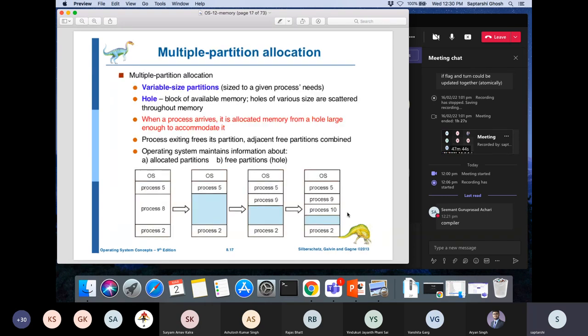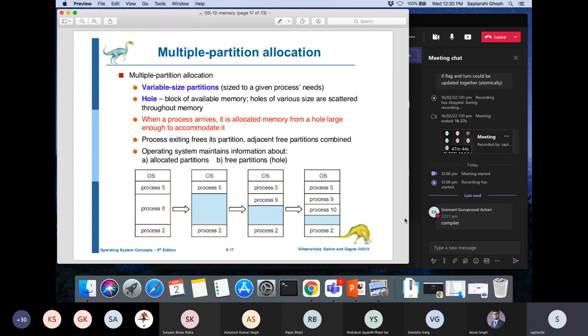And clearly different processes can get different sized chunks depending on their requirements. We use the term hole to indicate a block of available memory. So in this picture, there is a single hole, but actually holes of various sizes can be scattered throughout the memory.